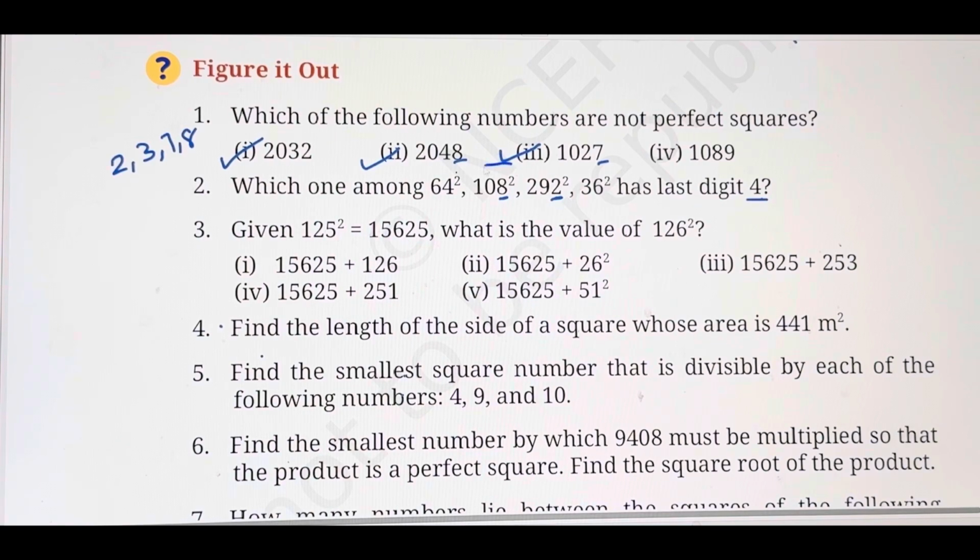So here also without solving you can just circle these two. So 108 square and 292 square will have 4 as the last digit.